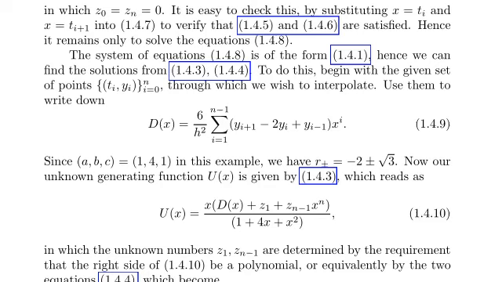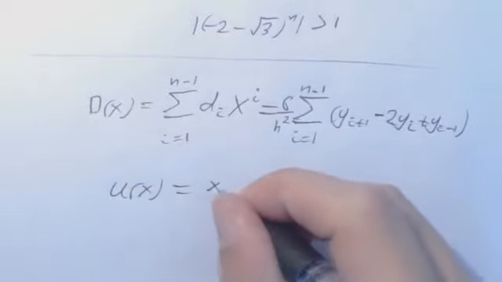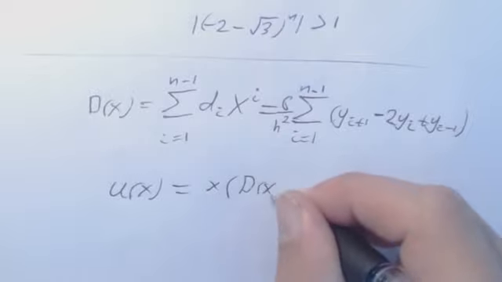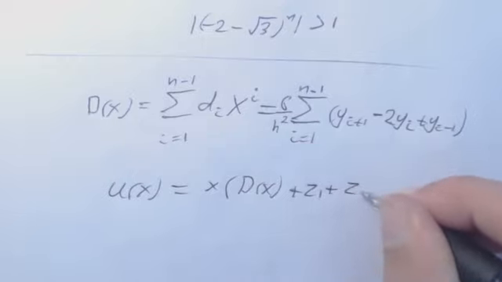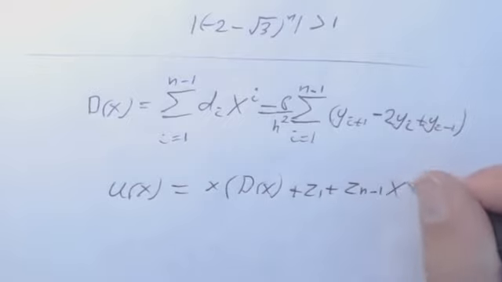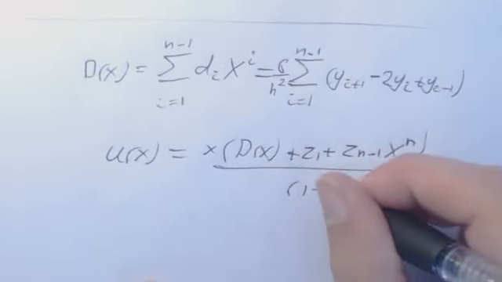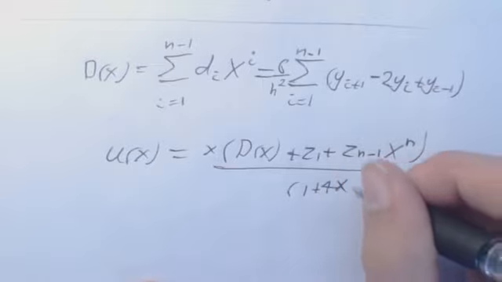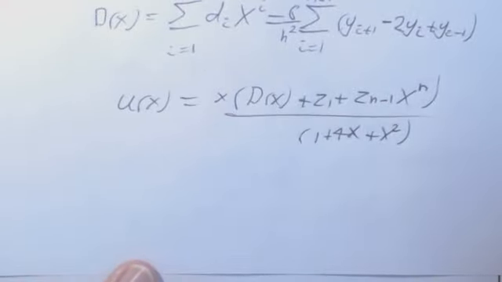Now our unknown generating function, u(x), is given by, as we saw in 1.4.3, which reads as they say, u(x) equals x d(x) plus z_1 plus z_{n-1} x to the n all over 1 plus 4x plus x squared. Yep, I remember that as before.